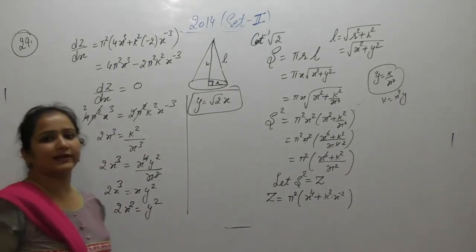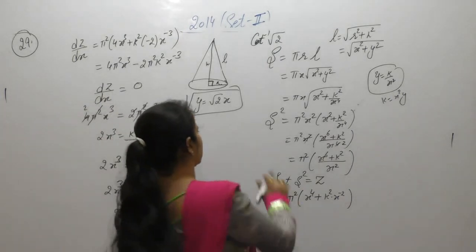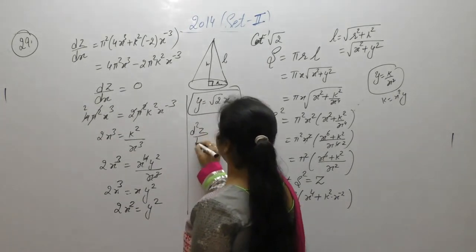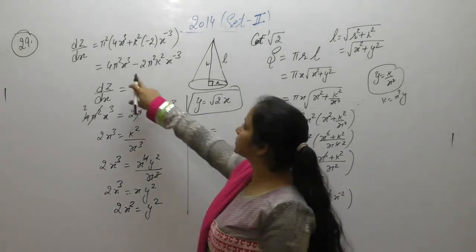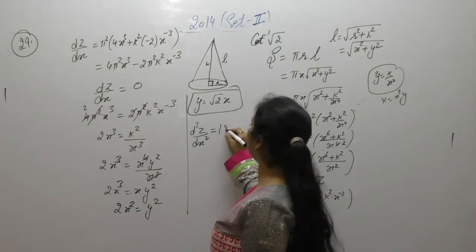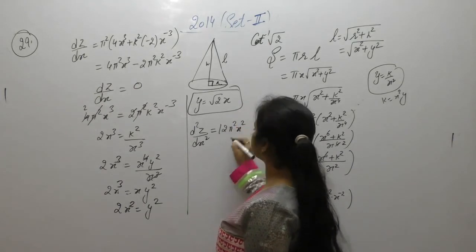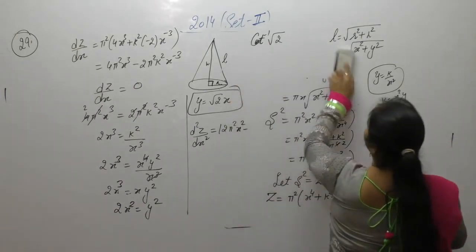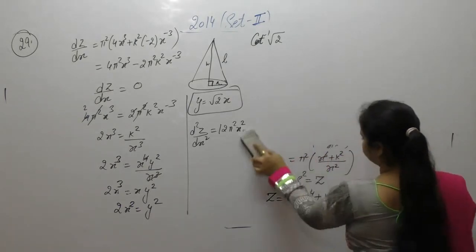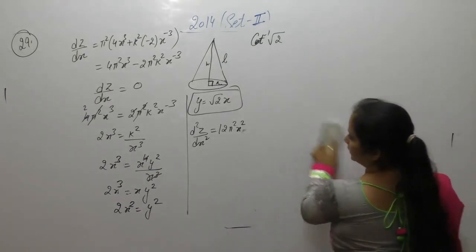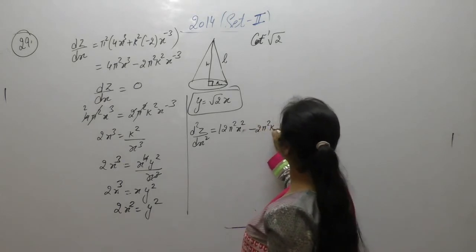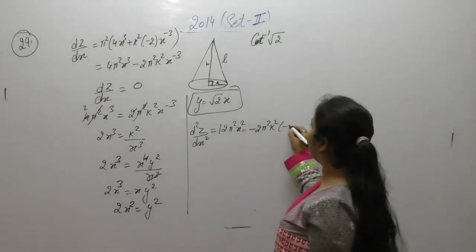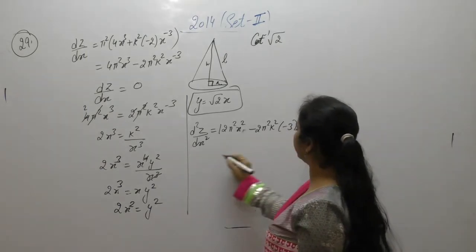Now to check whether it is a point of minima or maxima, we have to find the second derivative. The second derivative is 4 into 3, 12 pi square x square, minus 2 pi square k square, which is constant, into minus 3 x power minus 4.